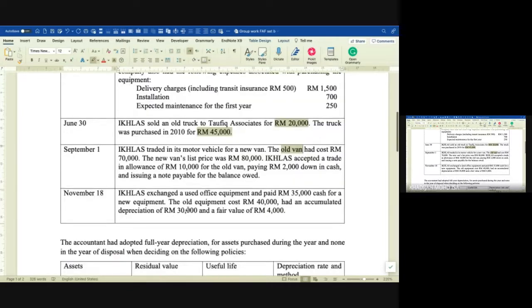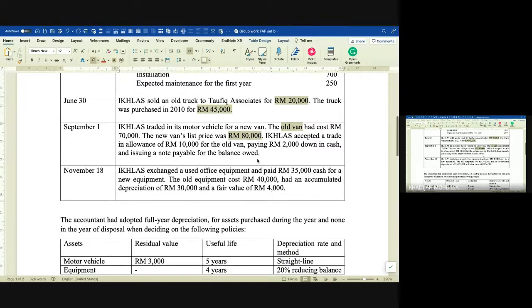Yeah, so the list price is 80,000, and then you have a trade-in. Trade-in means that you have an old motor vehicle and you sell it and get some cash from it, and then you get a new motor vehicle. So the difference between the cash received will be topped up with cash, and the balance is in note payable.